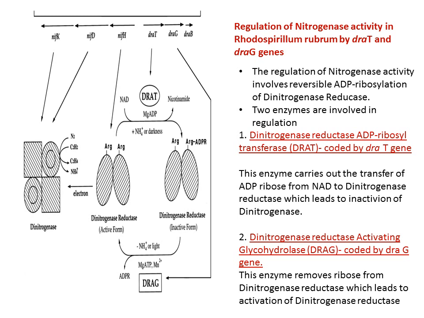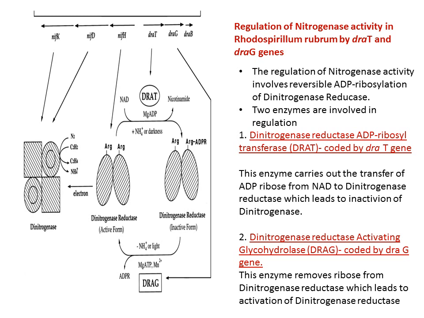Where can you find these DRAT genes? They have been identified in Rhodospirillum rubrum, just adjacent to the structural genes called HDK genes. We all know these HDK genes are involved in the production of dinitrogenase.